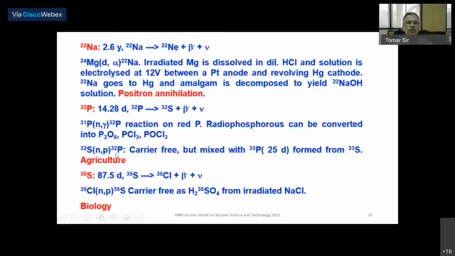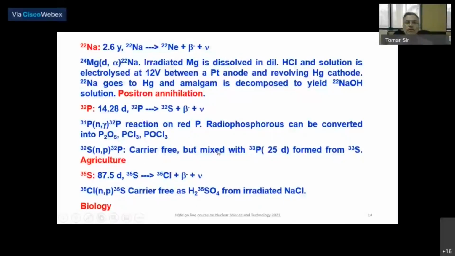And if you want to get phosphorus 32 carrier free, then the sulfur 32 (n,p) reaction gives you phosphorus 32, and you can separate it chemically. But then there will be a contamination from phosphorus 33, which has a 25 days half-life, because it is formed by the sulfur 33 (n,p) reaction.